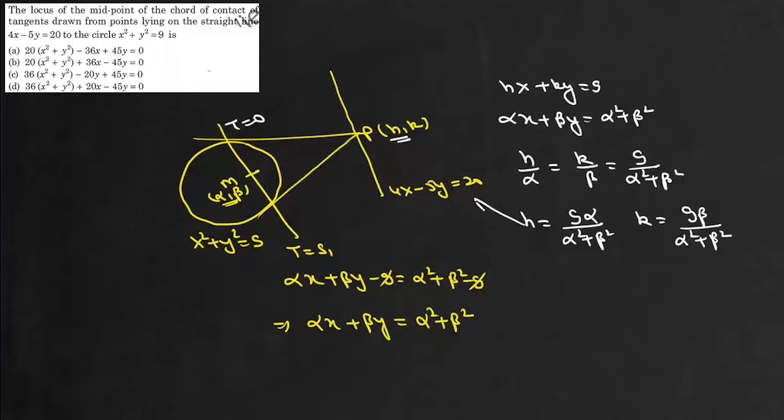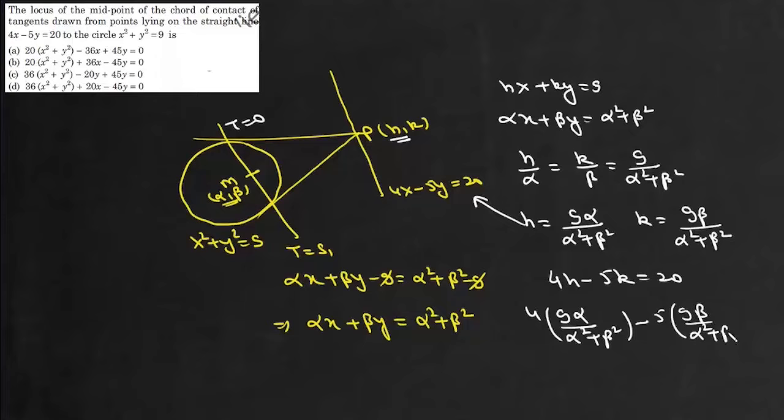Now hk, they'll satisfy this equation. So we get 4h minus 5k equals 20. So this equation will be 4 into 9 alpha upon alpha square plus beta square minus 5 into 9 beta upon alpha square plus beta square. It is equal to 20.